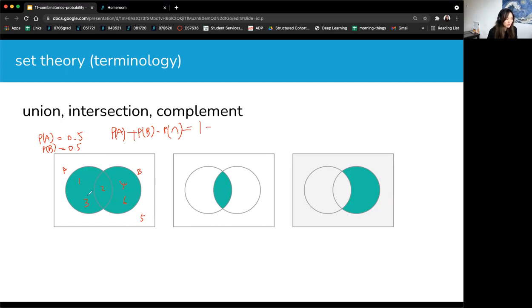The 2 is the intersect, which is 1 out of 6. So therefore the probability of the union is 5 out of 6. Sure, this is a formula. You could have also counted: there's 6 numbers, 5 of them are in the shaded area, 5 out of 6. But if something gets more complicated, that's the formula you use, because you don't want to double count things. All right, again, the formula is not important to remember.